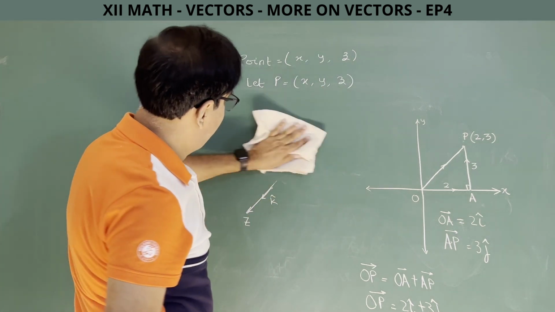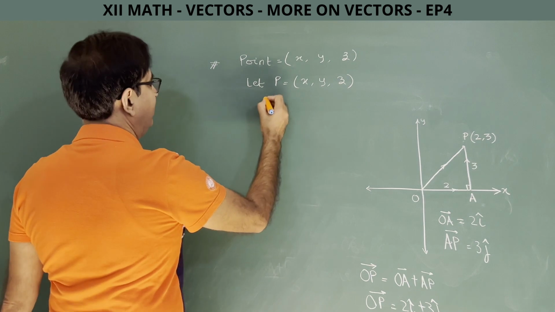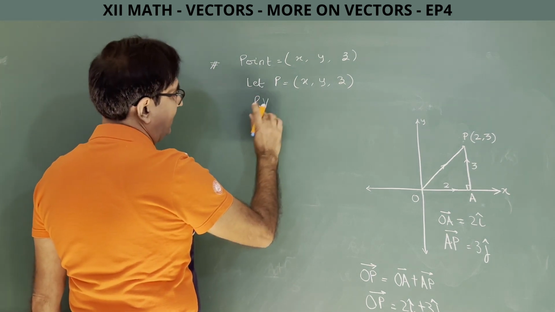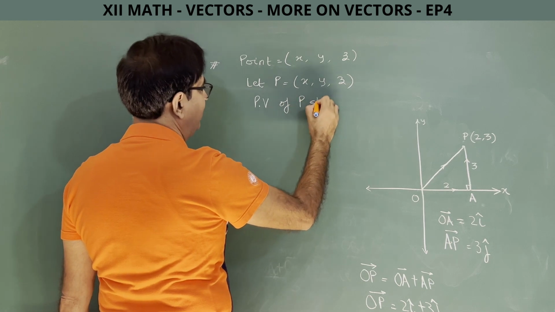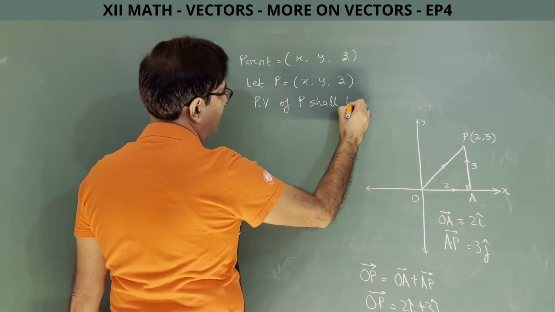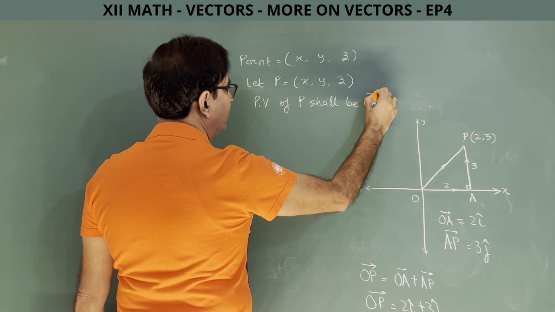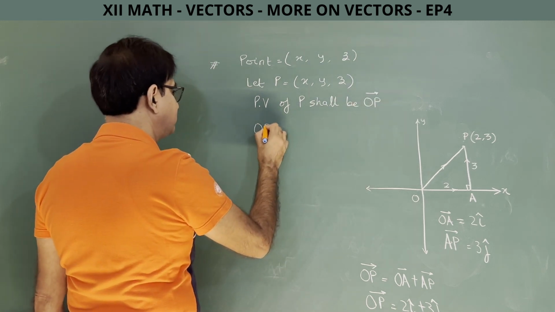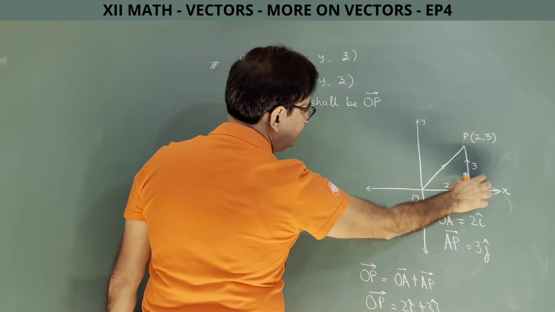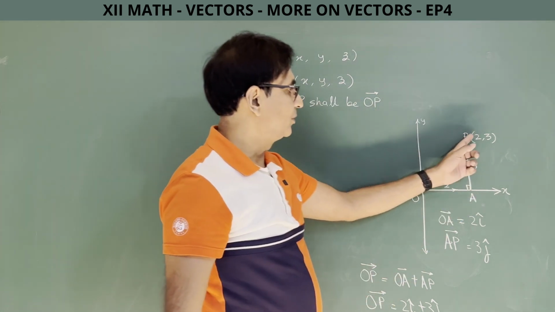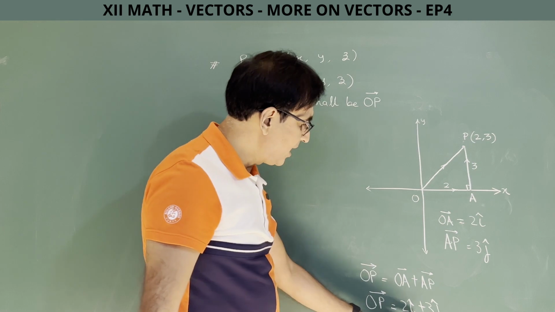Now what will be the position vector of P? Position vector of P shall be, in symbols, vector OP. And now how do I express vector OP in terms of the coordinates and in terms of I, j and k? So if the coordinates were 2, 3, the vector was 2i plus 3j.